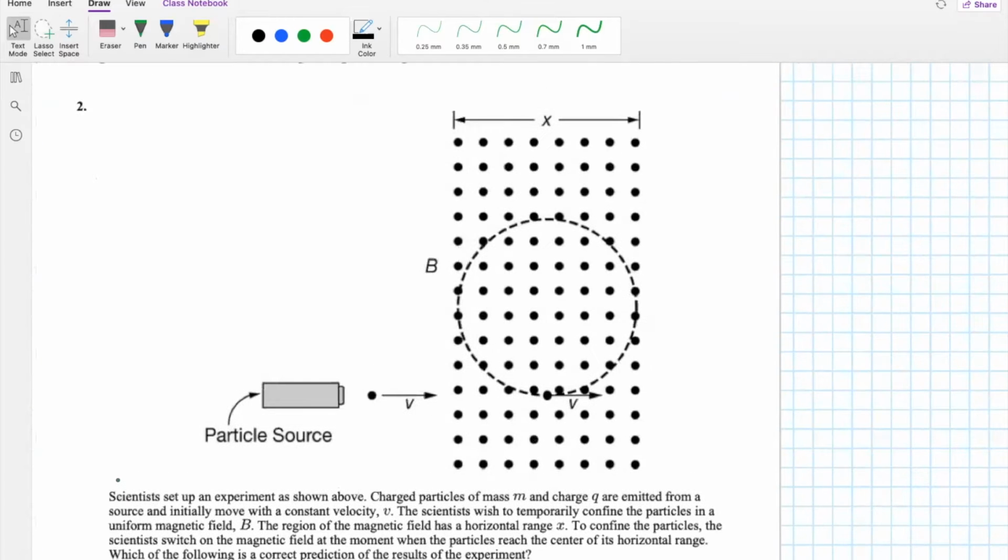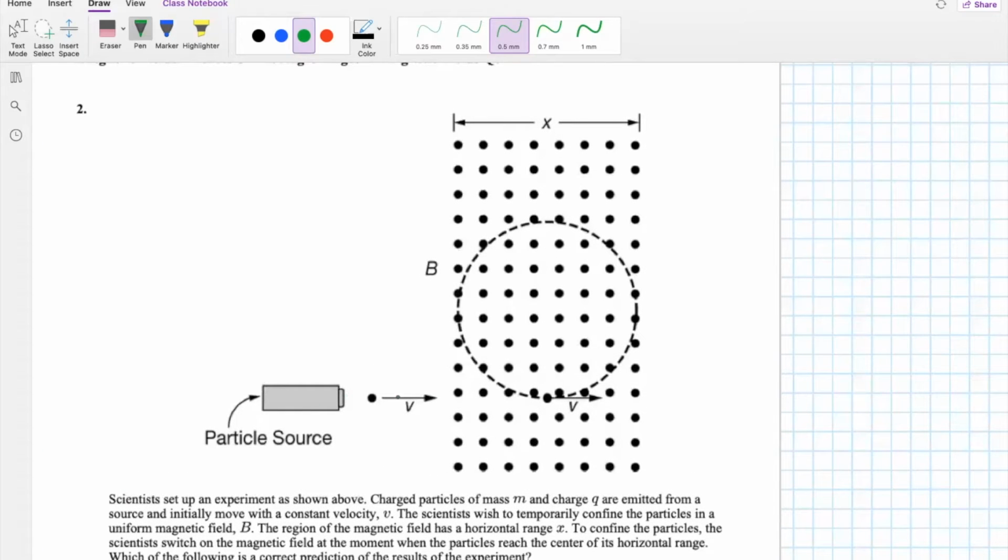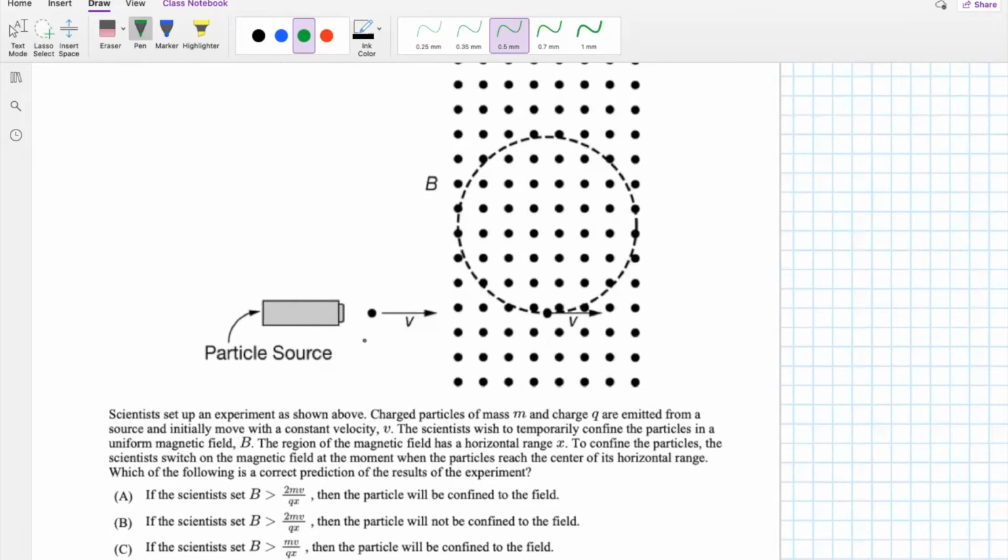Here we have another scenario. Again, we're injecting particles with a certain velocity into a region with a magnetic field. In this case, the magnetic field seems to be pointing towards us or out of the page, as convention says. And so they move initially with a constant velocity, and they're talking about this region here.